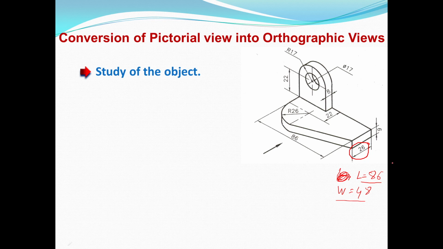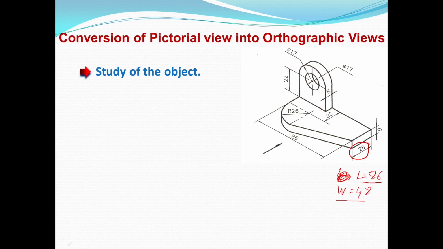You can see the height dimensions. 9 mm height is given for this surface, from the bottom to this surface. From this surface up to the center point, 22 mm height is given. So 9 plus 22 mm. From this center point there are two arcs: one is the circular part of diameter 17 mm, and the other is the semicircular part of radius 17 mm.